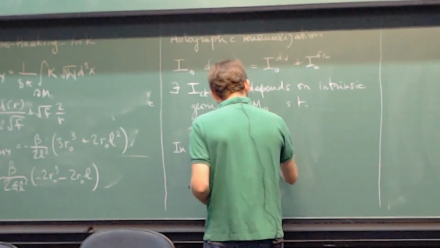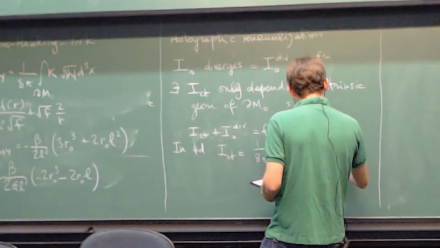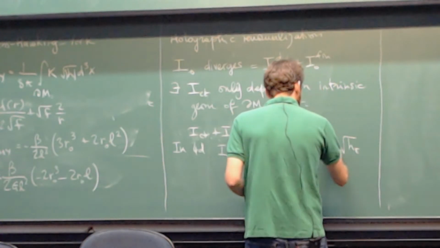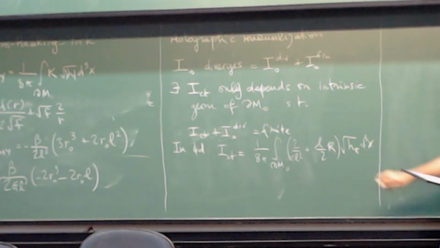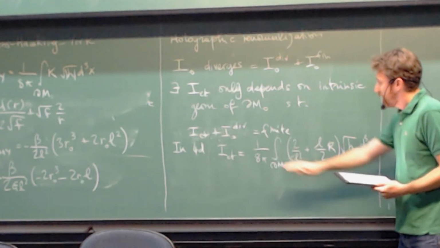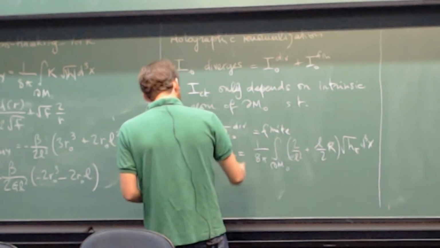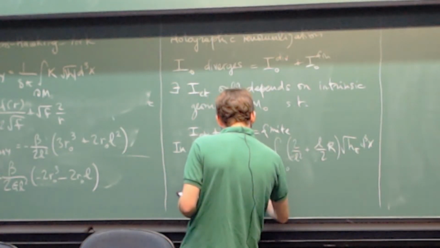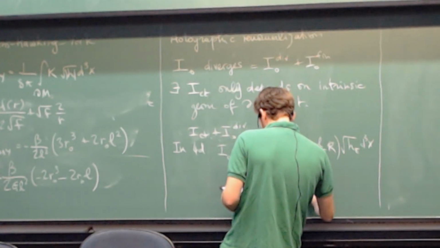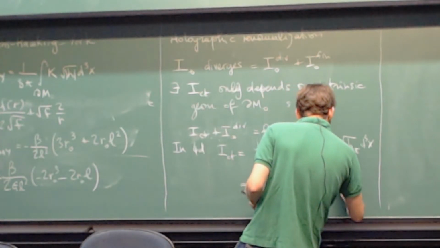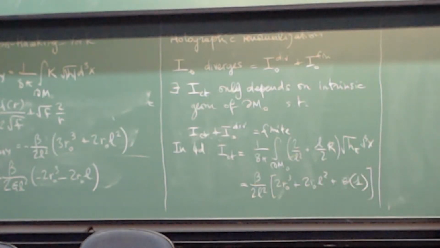In 4 dimensions, the statement is that this combination, where R is the Ricci scalar of the induced metric, cancels all the divergences that appear here for AdS4, R0 cubed, plus something that is smaller, little o of 1 when I take R0 to infinity.